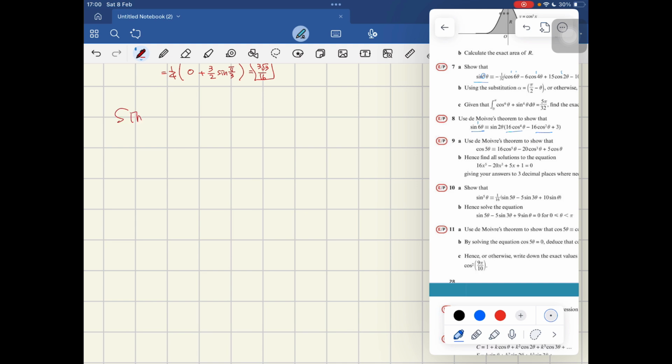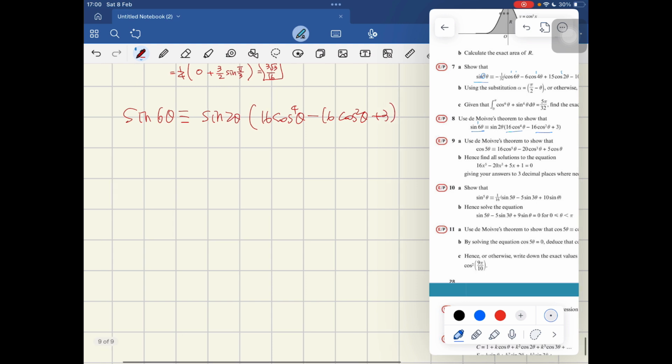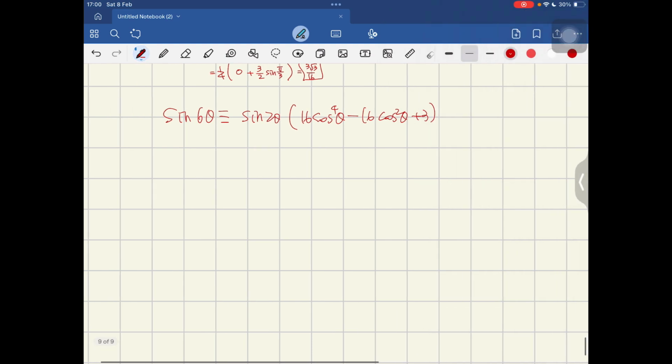So sine 6 theta goes to sine 2 theta times (16 cos to the power of 4 minus 16 cos squared plus 3). So let's go. This is a little bit different approach. Let z be cos theta plus i sine theta.